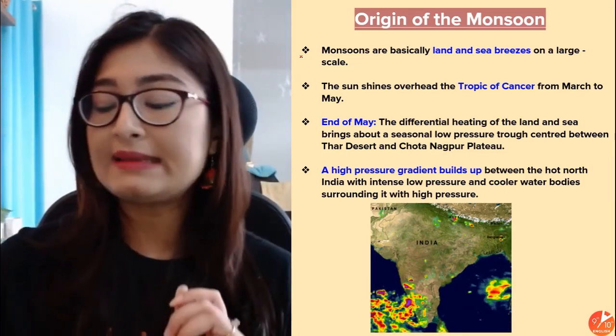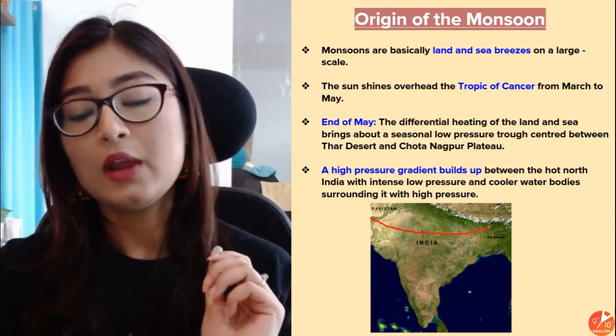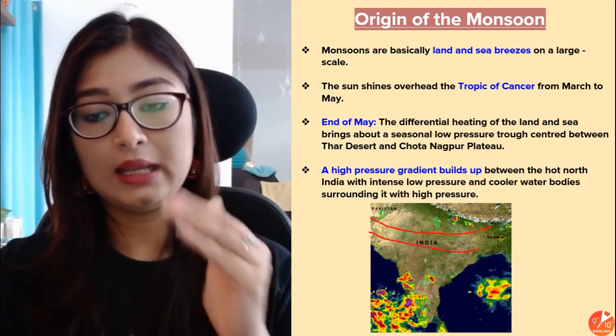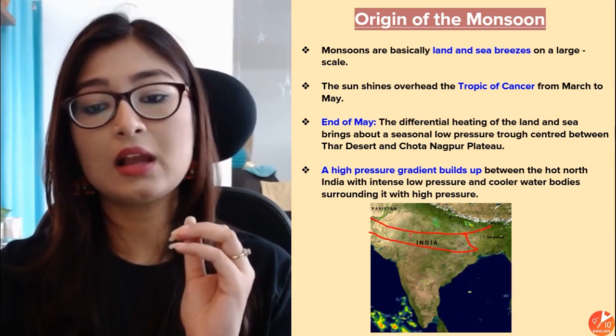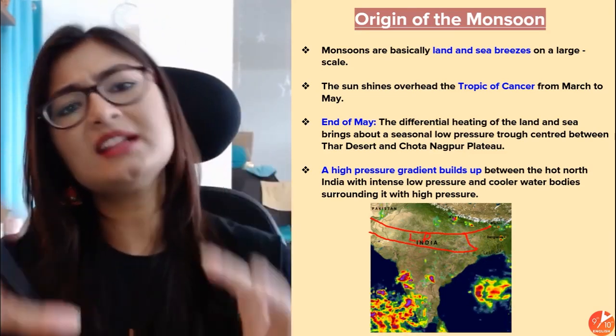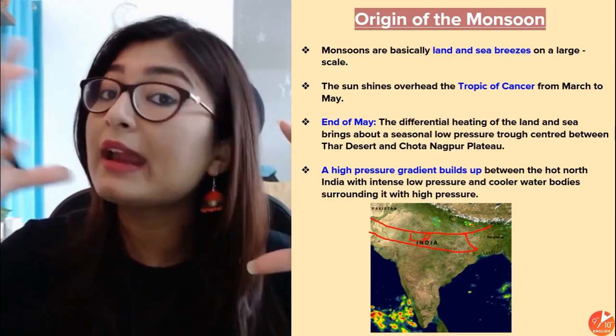So whenever it is summer in India, this entire part, right from the Thar till Chota Nagpur in the southeast, and Patna in the eastern region, becomes a low pressure belt, because this land is getting really heated up as the Tropic of Cancer is receiving direct sunlight.